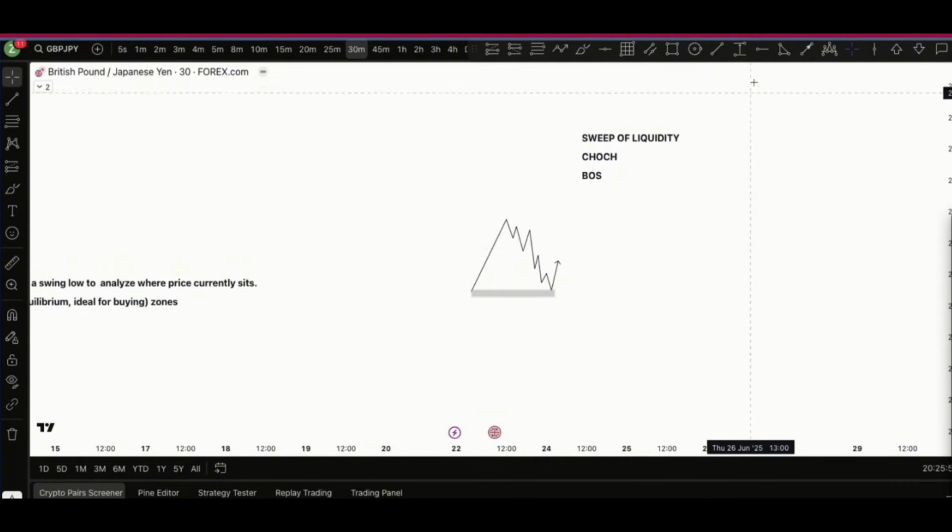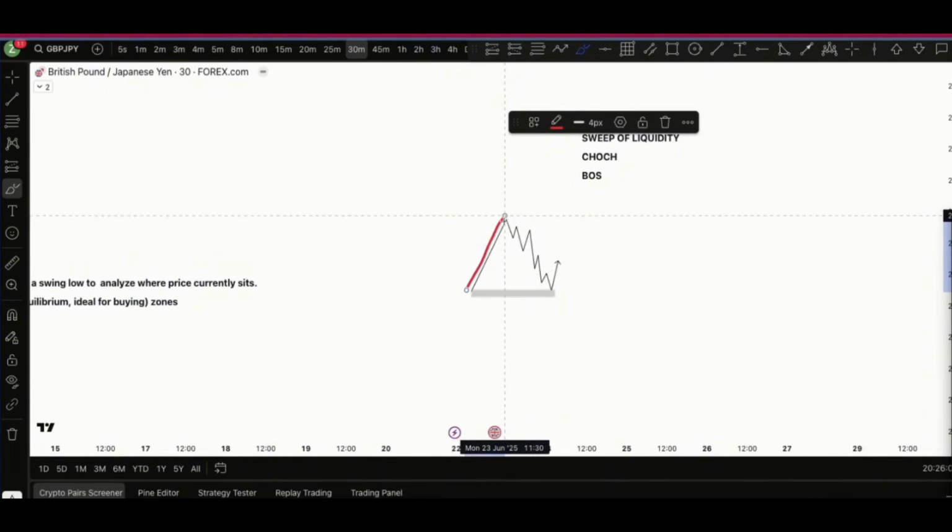So look at something. From this zone to this zone, let's say something like this was happening. Something like this happened. And then this one, let's say this happened.